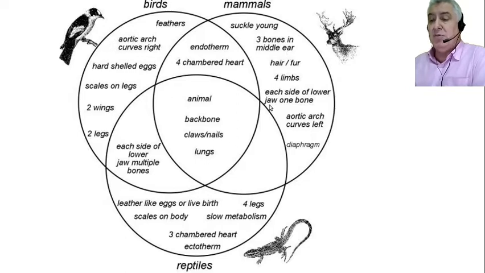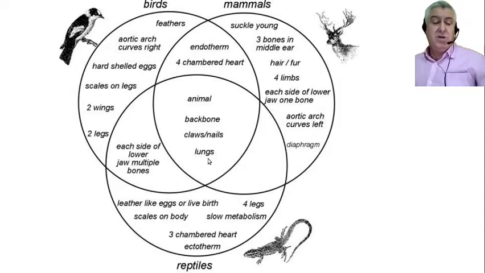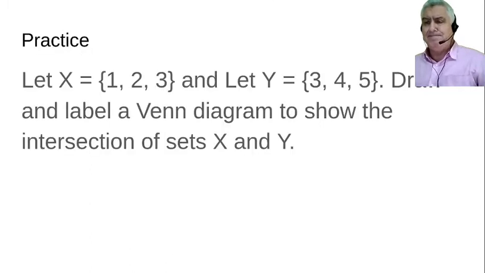We can see mammals share this stuff with reptiles, that they're animals. They have backbone, they have claws or nails, and they have lungs. And we can see birds share this stuff with mammals. They're endothermic, 4-chambered heart, animal, backbone, claws. And additionally we can see all three sets share these characteristics, and that's really important. That's why we use Venn diagrams, so that we can see the relationships easily.